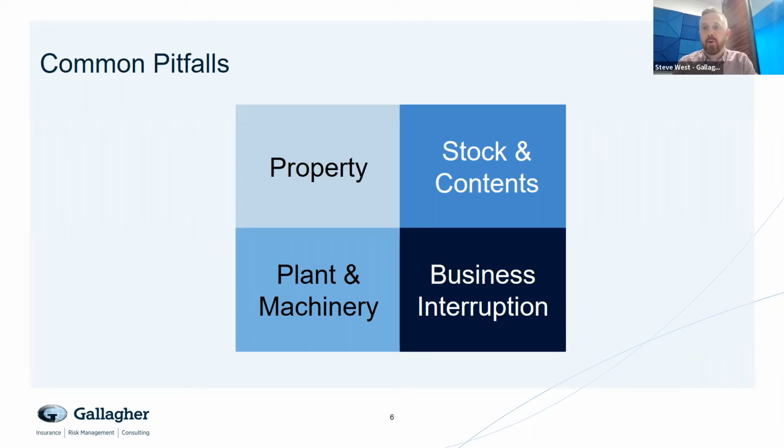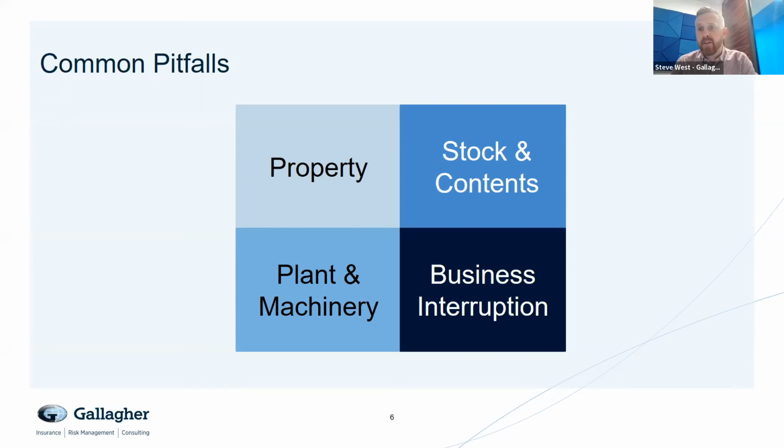So it's vitally important, if you do decide to increase your stock holding because of those supply chain issues or for whatever reason, that this is reflected in your insurance program. From a plant and machinery perspective, similarly to stock and contents, new for old basis, so it's important to take that into account. And then if you've got any specialist equipment as well, it's important to think about timescales to replace those. And this moves on to business interruption.